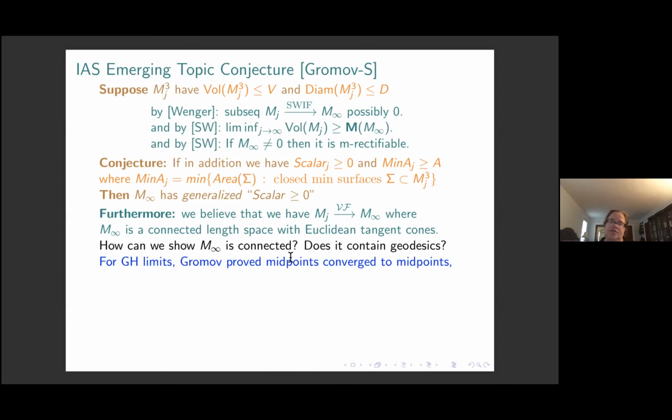For Gromov-Hausdorff limits, Gromov proved that the limit spaces are connected and that they're geodesic, they have geodesics between every pair of points. He proved this by showing midpoints converge to midpoints. But for Swift limits, the midpoints could disappear.